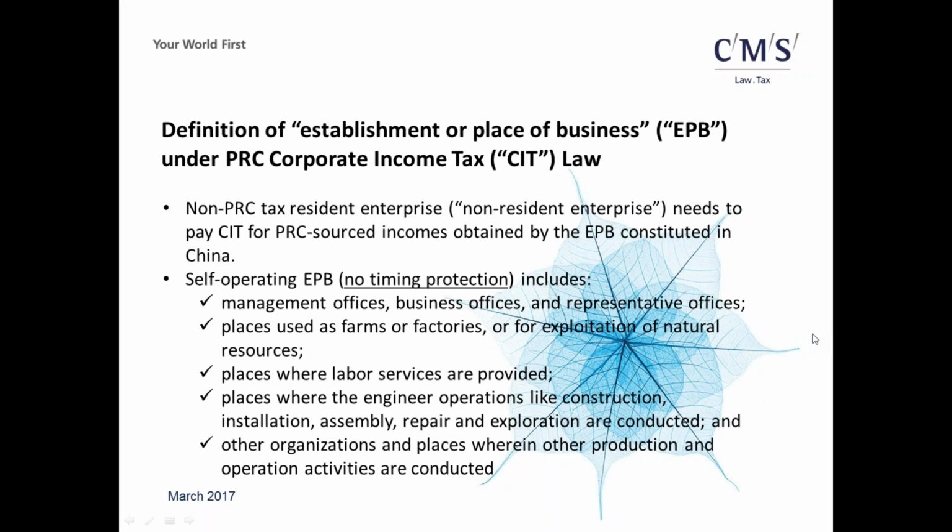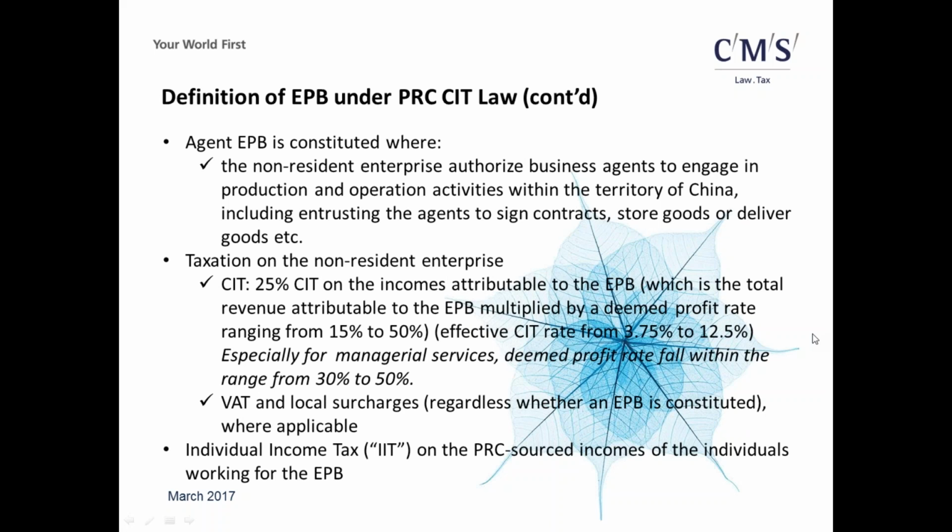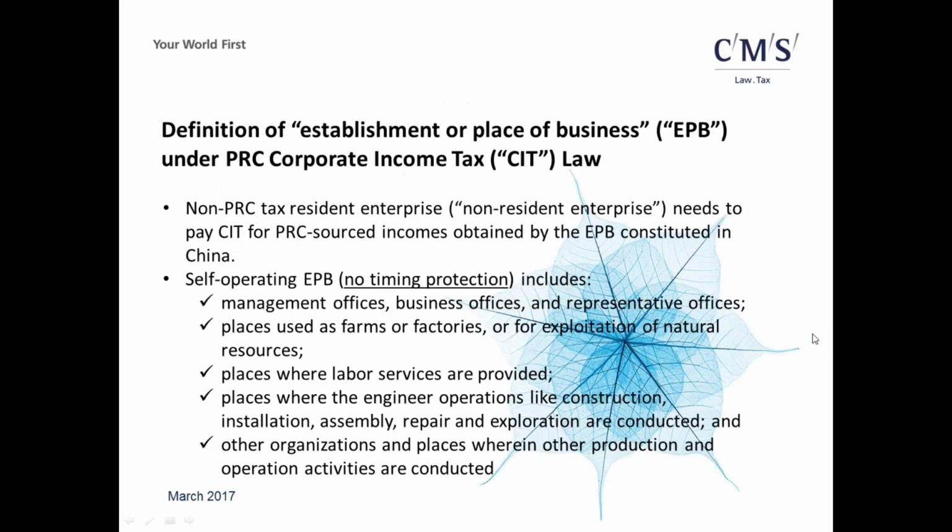Let's have a look at the definition of EPB under the CIT law. We have two kinds of EPB. The first type of EPB is a self-operating EPB, which means that it has a fixed base.